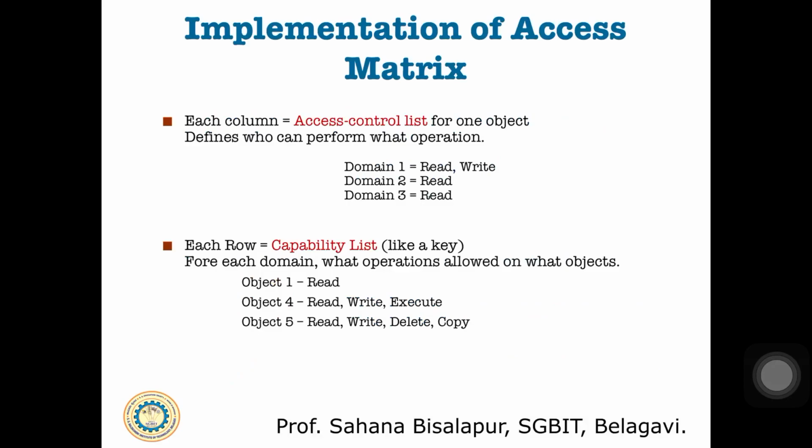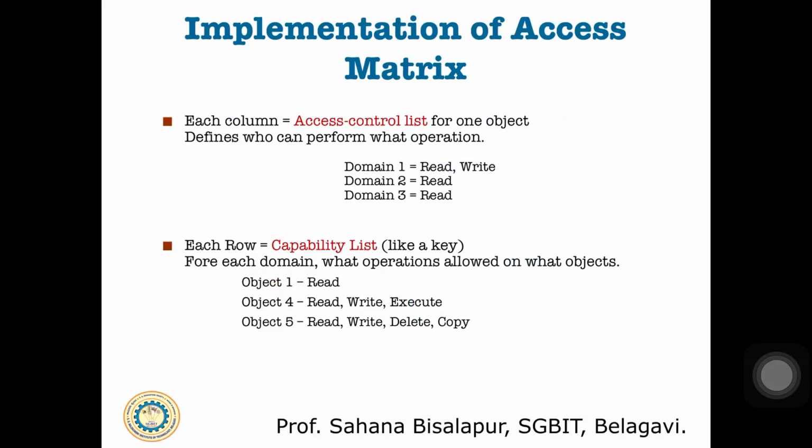For example, an object can be named by any file name. I said file 123, that can be the name of the file, and that particular file will be stored in some memory location, so that holds some address. So the object can be represented by any name or address, which is called the capability here. To execute any operation on any object, the process executes this operation. For example, we are going to have a write operation on file 123.